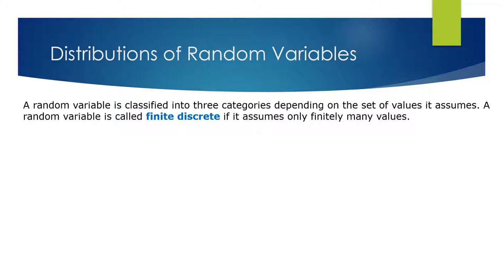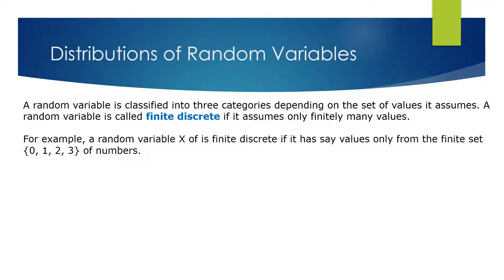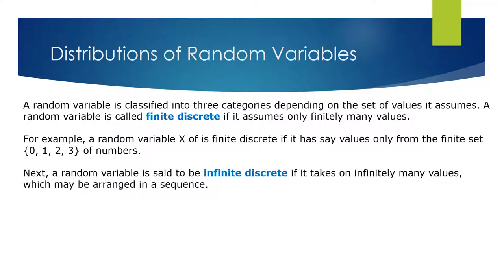A random variable is called finite discrete if it assumes only finitely many values. For example, random variable x is finite discrete because it only has a finite set of numbers: 0, 1, 2, and 3. You have an infinite discrete variable, which basically has infinitely many values that can be arranged in a sequence.